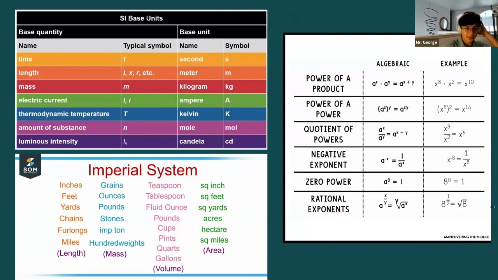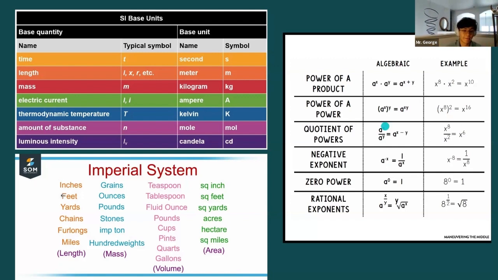For time, it's seconds. For length, it's always going to be meter. Kilogram for mass. For electric current, it's an ampere. For thermodynamic temperature, it's a Kelvin, which basically just means temperature. Amount of substance is a mole, which you will learn about in chemistry. And then luminous intensity.